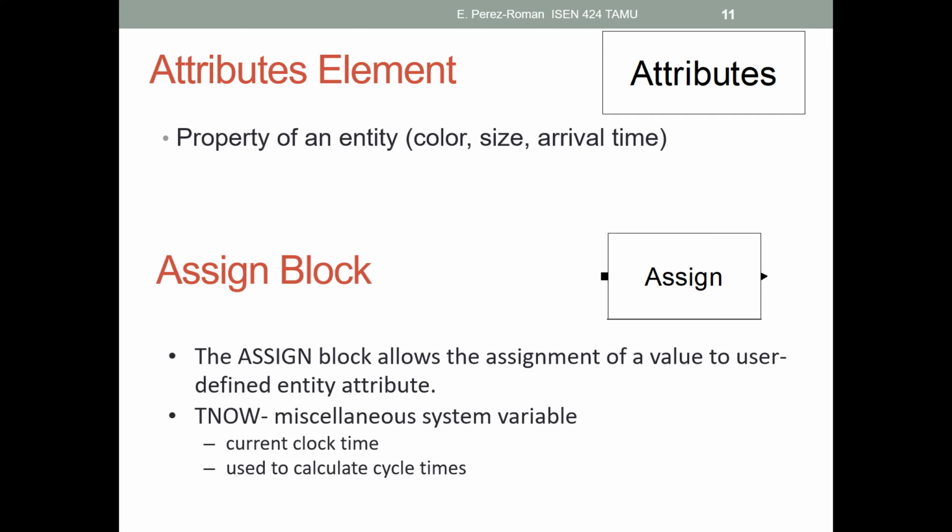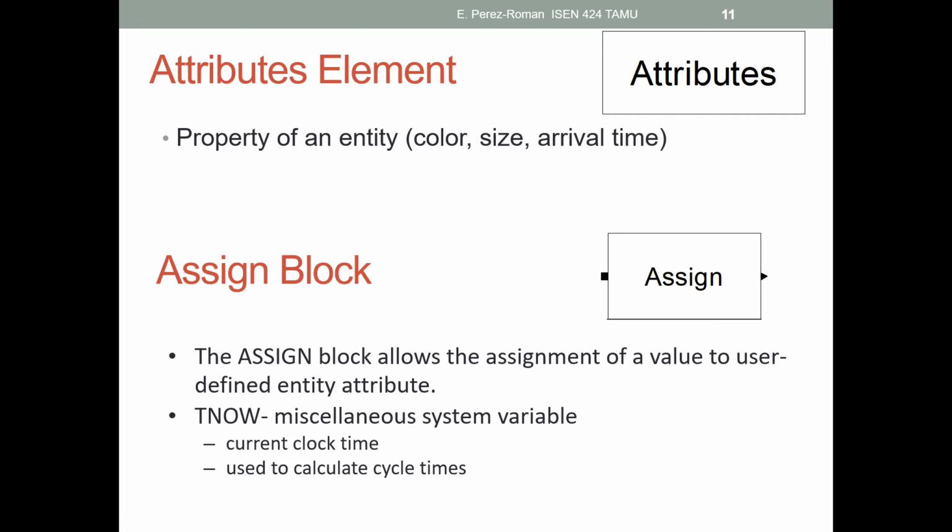Now you create the entities and you want to assign, for example, the arrival time, or if there's a specific job type, you want to assign that right away. But there will be some cases in which you might need to assign or reassign some of these attributes. And those blocks can be located in different places within the model.